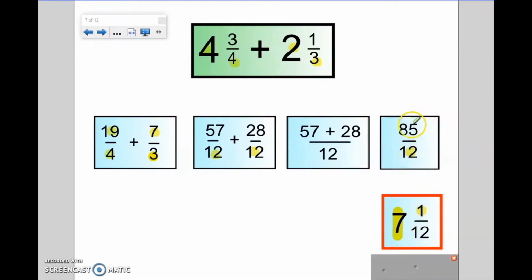How many 12s are in 85? 7, remainder 1. 7 becomes the integer, the full number, the big number at the beginning of the mixed number, and the remainder becomes the numerator. The denominator always remains the same, 7 and 1/12.